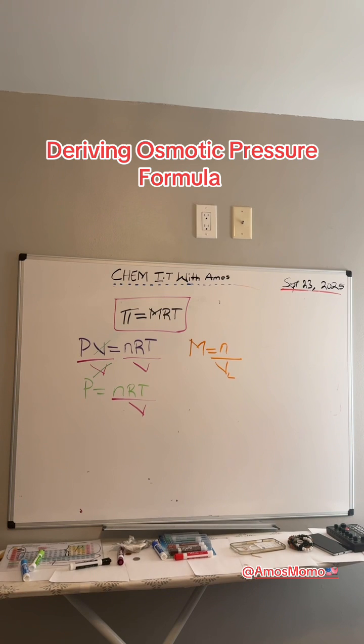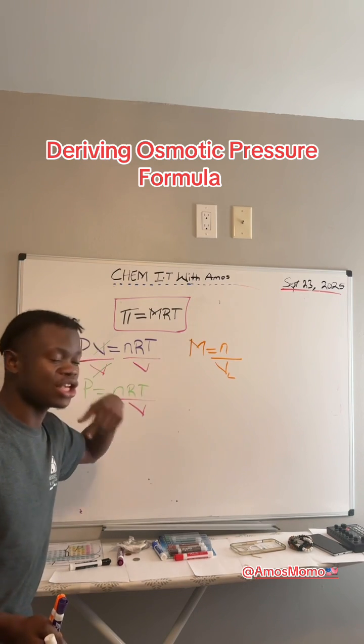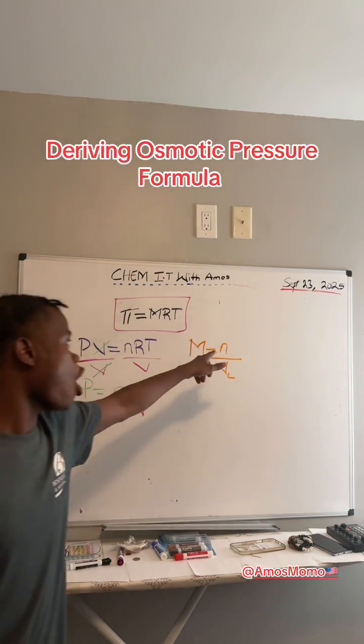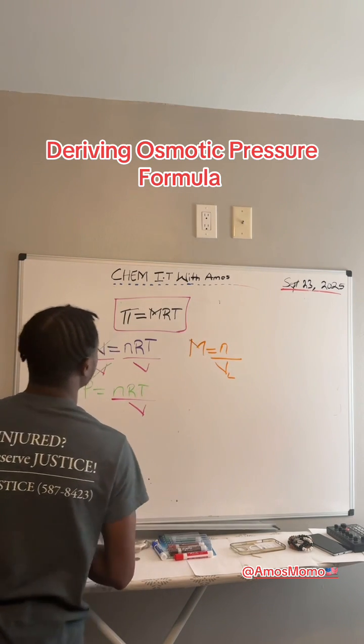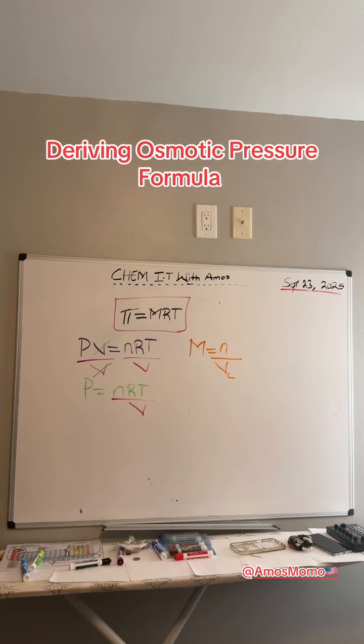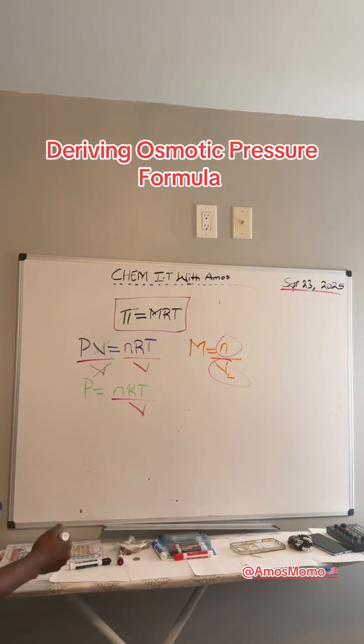So the next step is, after you have done this, you capture what you have written from the previous step, which says molarity, capital M, is equal to moles of solute divided by the volume of the solution in liter. So you have mole here and you have volume here, which gives you molarity.